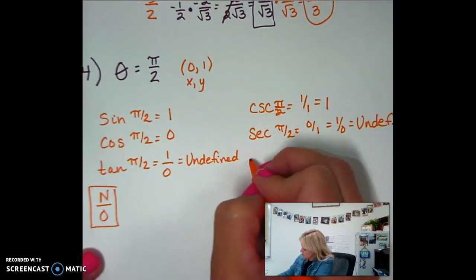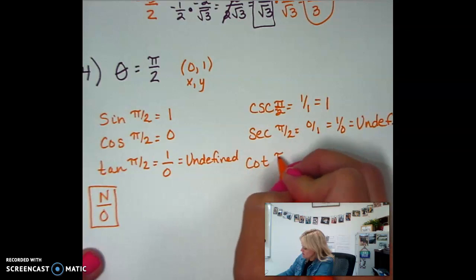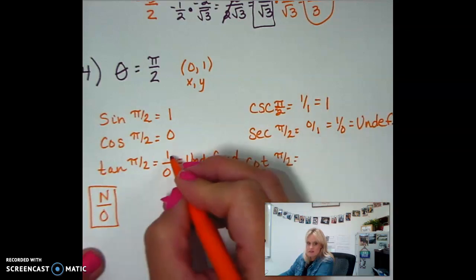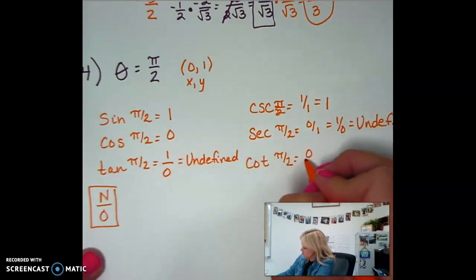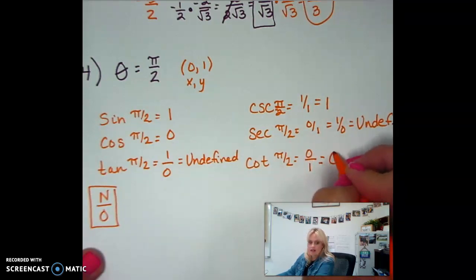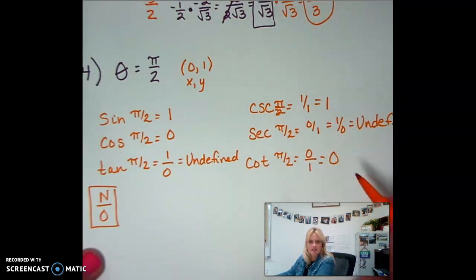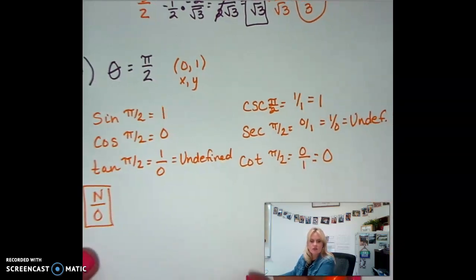The cotangent, flipped, is now, instead of 1 over 0, 0 over 1, and 0 divided by 1 is 0. I can choose to have 0 cupcakes out of the 1 on the table. I just didn't eat it. So there will be times when you have to remember how to do undefined also.